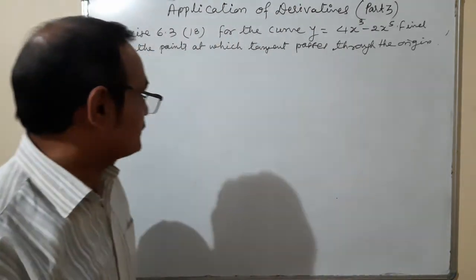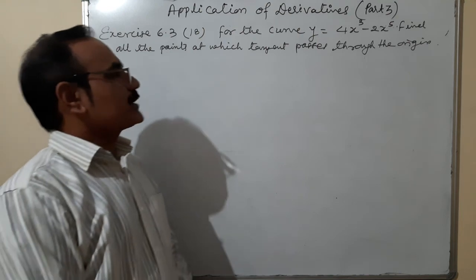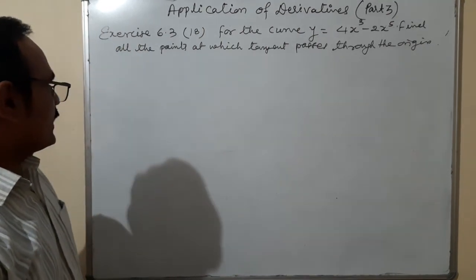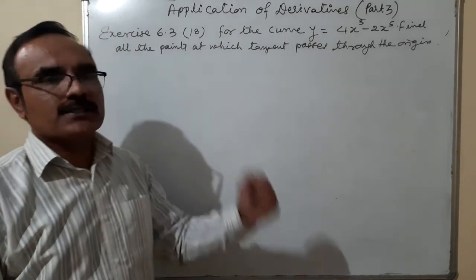It's a very interesting question. For the curve y is equal to 4x cube minus 2x to the power 5, find all the points at which the tangent passes through the origin.